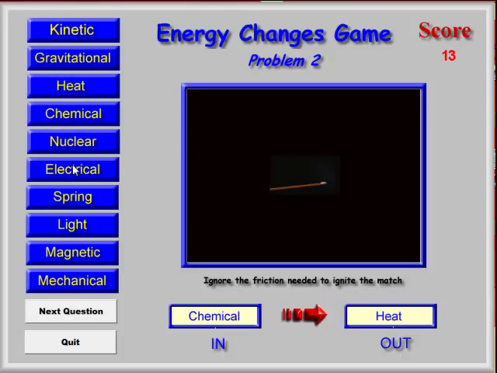Well done. Now notice in this case that the answer is heat. That's because the most likely use for the match would be to heat something up. There would actually also be light energy that would be given off, but the students should be prompted to give the most likely energy when there's only one possibility.